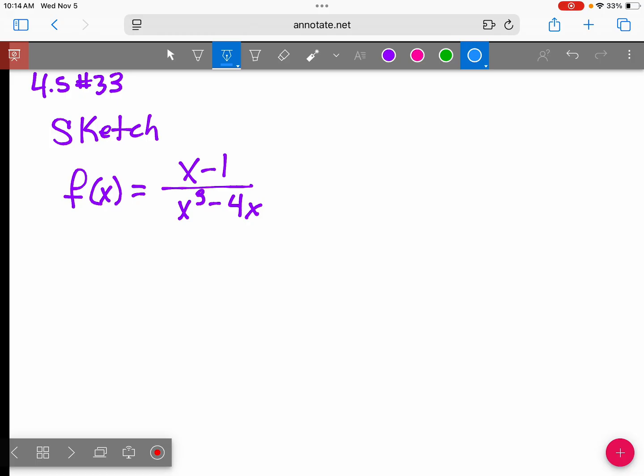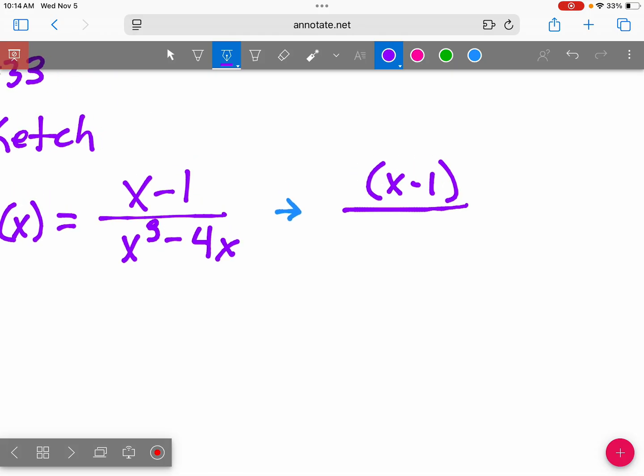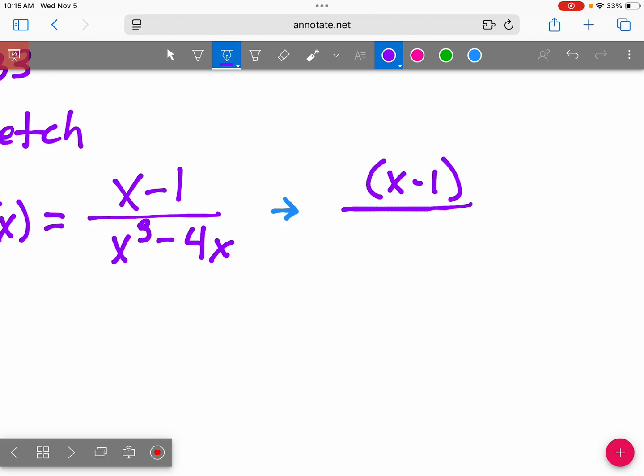So I can rewrite this. Our numerator is x minus 1. That one's not really changing. What can we factor in our denominator? An x. We've got an x. And that's going to leave us with x squared minus 4. Can I factor this more?